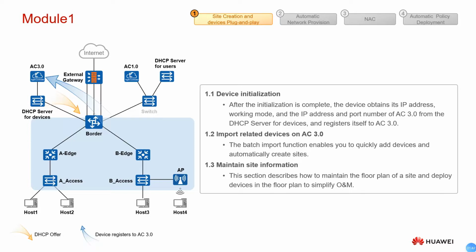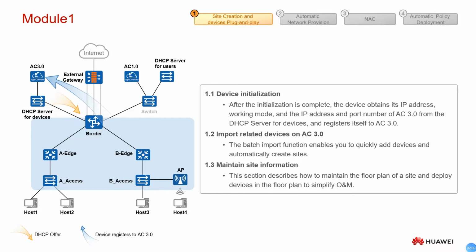So they can obtain an IP address and also know the IP address and the port number of AC 3.0. After the startup, they will register with the AC 3.0 automatically. That is called the devices plug and play.